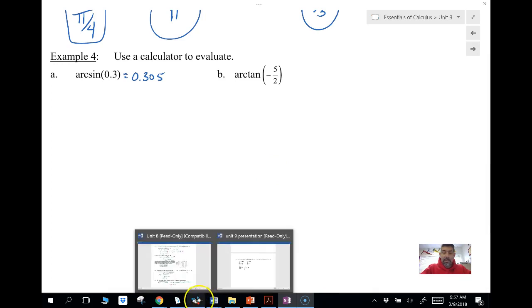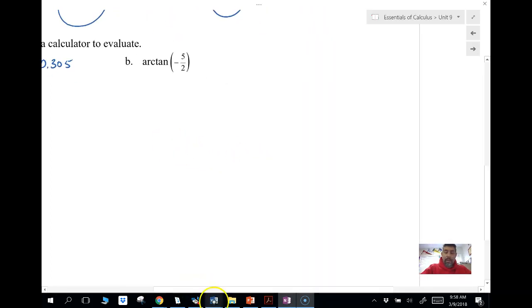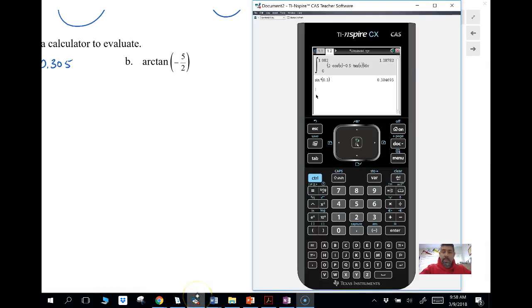Let's take a look at the next one. Move this over. I got so many tabs. Trig, inverse trig. Now, it's -5/2. If I put this in an Inspire, it's going to just give me the same thing.